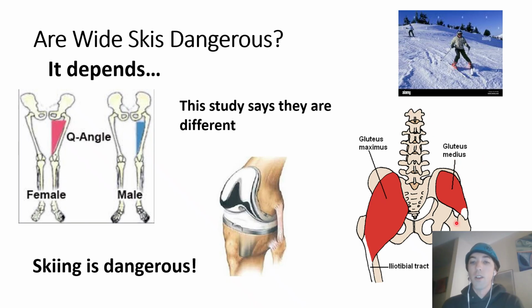The gluteal muscles, glute med specifically, is very strongly related to outcomes in knee injury and re-injury. We're not going to talk about that a lot today, but the reality is that skiing is dangerous, and there's nothing that we can do to prevent that.